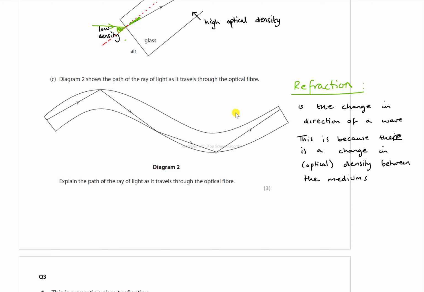Basically what's happening is you've got a line here, this is glass, and this is, just say, air. This is less dense.